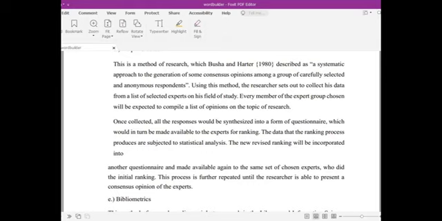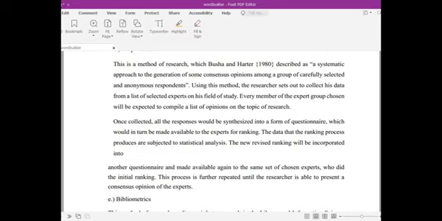When you get the questionnaire, you take it back to them to rank it. After the ranking, the data that the ranking process produces are subject to statistical analysis. You begin to analyze them statistically.